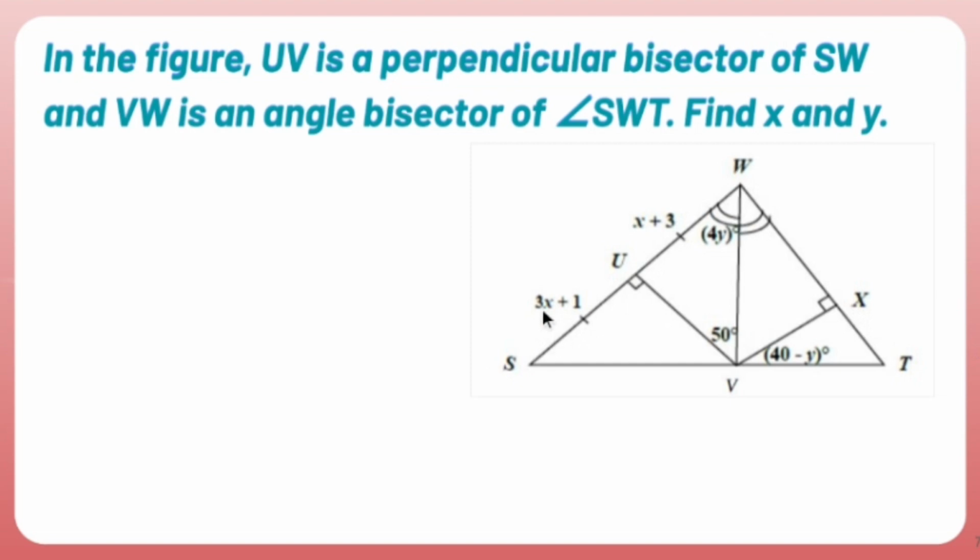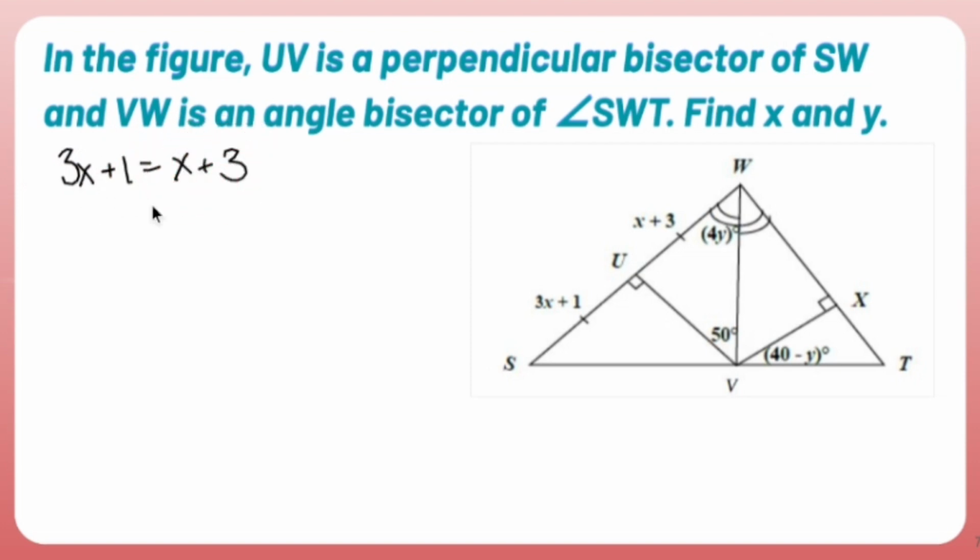Let's start with x, because it's first in alphabetical order. If you are a perpendicular bisector, that means this line segment and this line segment are exactly the same. So let's set it up. 3x plus 1 equals x plus 3.